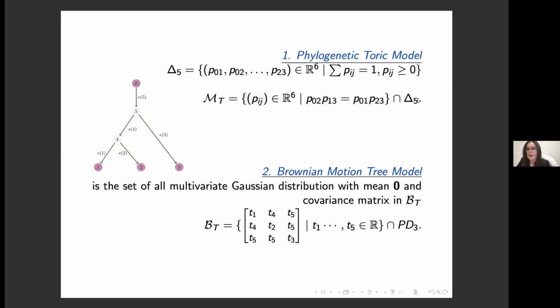I will soon also give the exact way we get this model, but for now I'm trying to give a sense of the two different models.